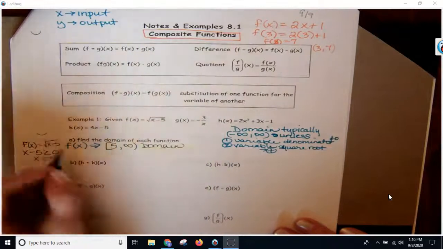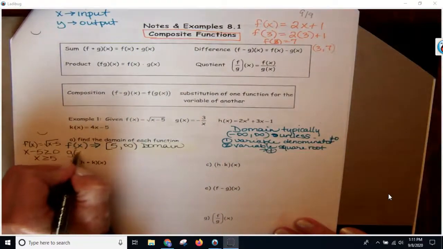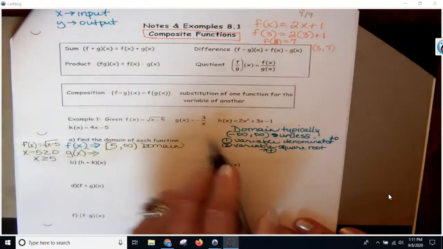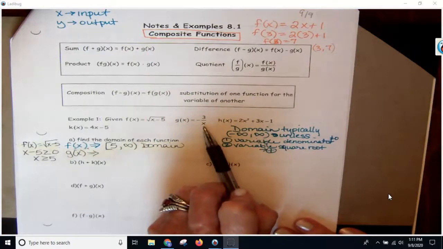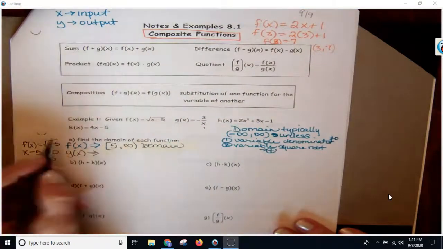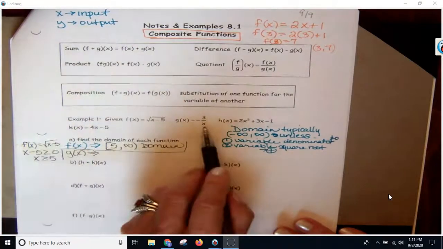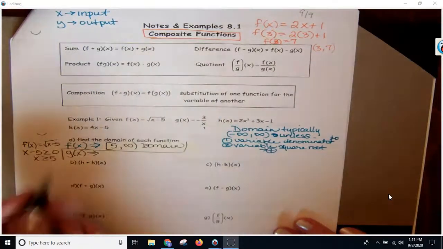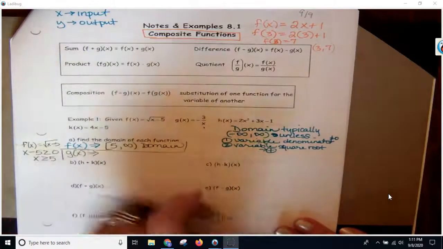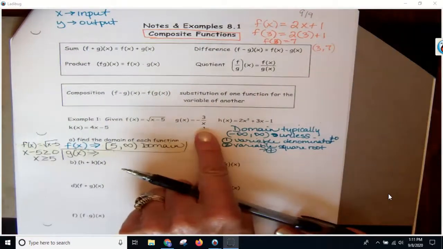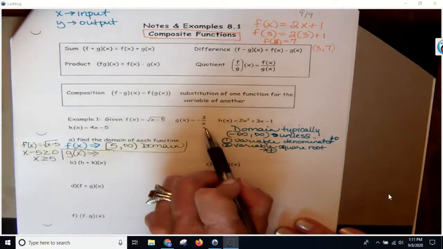What about g of x? Well, for g of x, we see that we have x in the denominator. When we have x in the denominator, we know that the denominator cannot equal 0. So how do I write that? x can be any number except when that denominator is equal to 0.